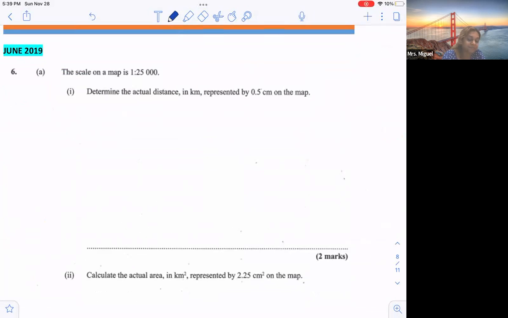It means that 1 cm on the map represents 25,000 on land. So when you have a scale drawing, that is what it means. 1 cm on the map represents 25,000. So how much will 0.5 centimeters represent?